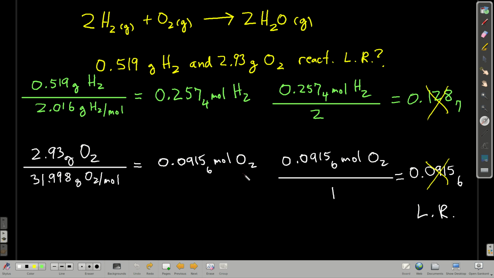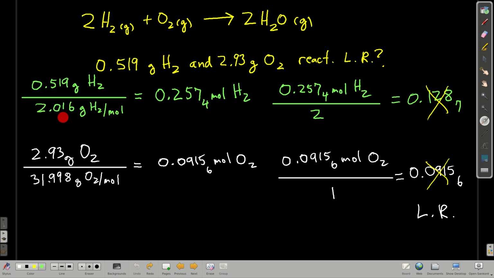Now, we almost never are given moles. It's almost always grams or something like that. So this is more like what you'd see. Let's say we have 0.519 grams of hydrogen and it reacts with 2.93 grams of oxygen. We want to find what the limiting reactant is. Well, the only thing that's different is we have to find the moles first. So we just divide by the molar mass, we get the moles of each.